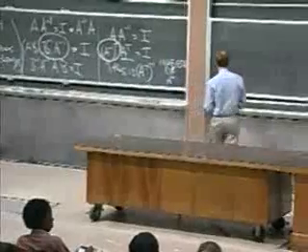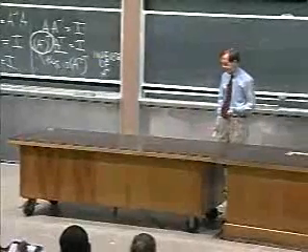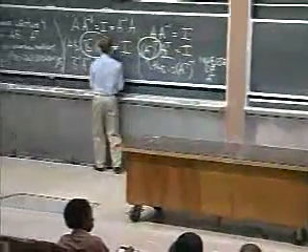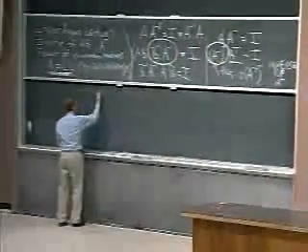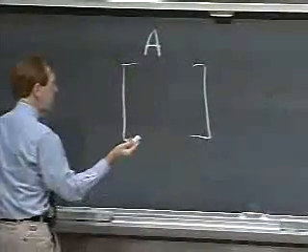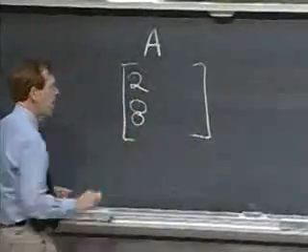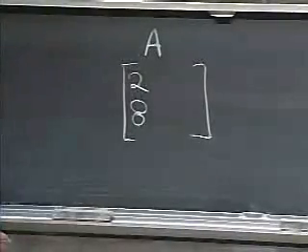Okay. Can I do it for a 2 by 2 first? Okay, 2 by 2 elimination. So let my matrix A be, we'll keep it simple, say 2 and an 8, so we know that the first pivot is a 2, and the multiplier is going to be a 4.